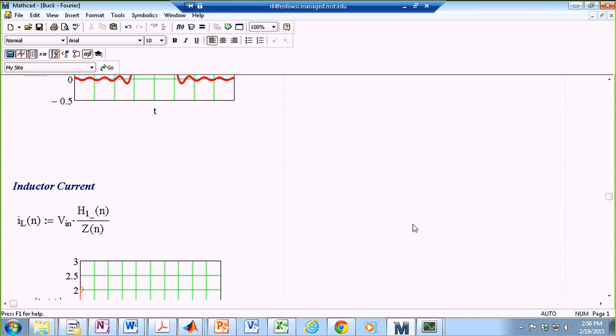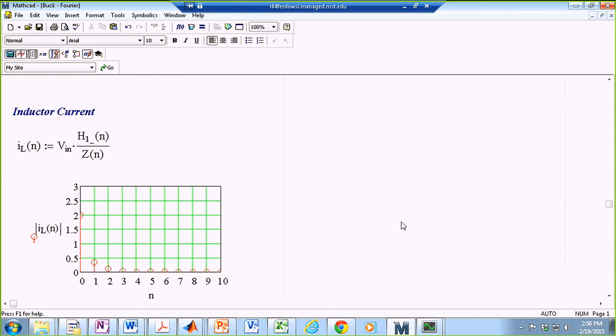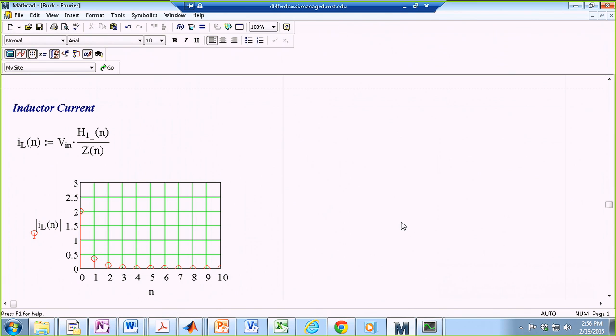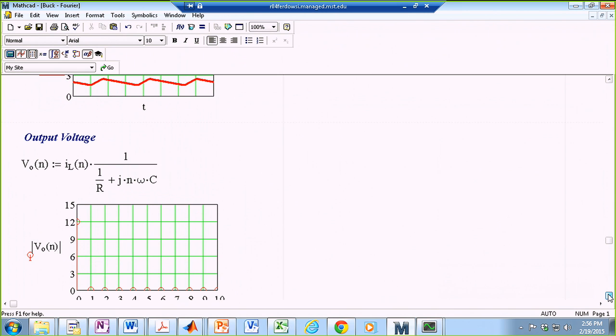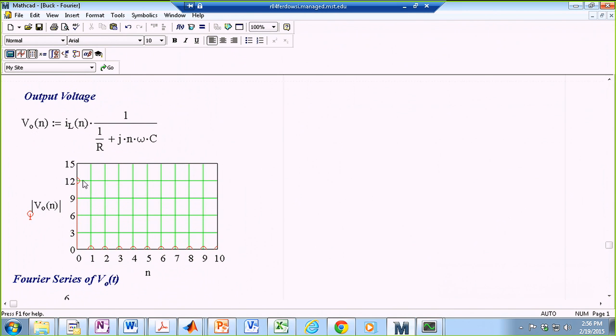If you look at the harmonic content of your inductor current, we are looking at a signal which is triangular, but in the harmonic content we have a relatively large DC component and a bunch of ripple. If you look at the output voltage, you can see actually the same thing. You have a significantly large DC content compared against the ripple.